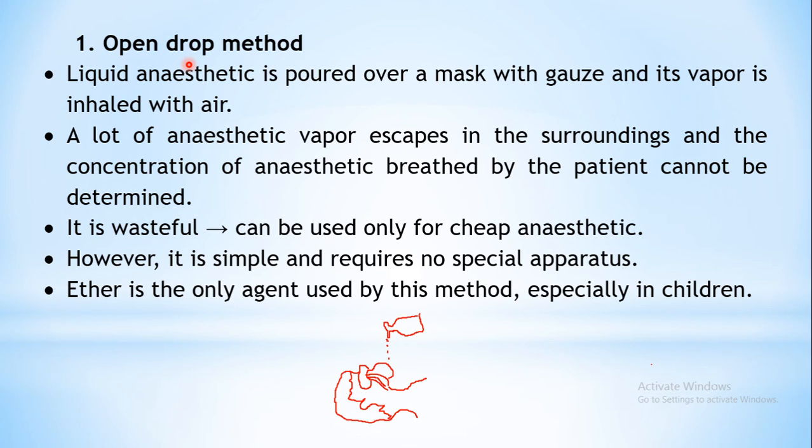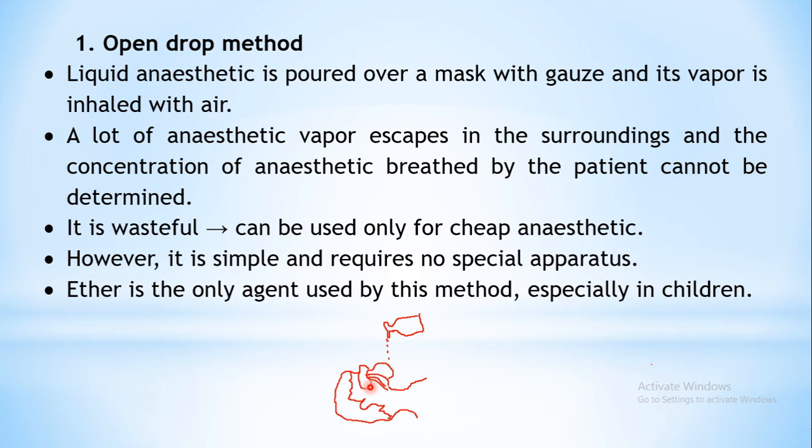You are pouring your anesthetic in the form of drops on a mask with a gauze which is placed on the mouth and nose of that particular patient. The patient is lying down, and the eyes are protected so that the anesthetic you are pouring does not accidentally enter the eyes. It is carefully and slowly poured onto the mask with a gauze fitting the nose and mouth.